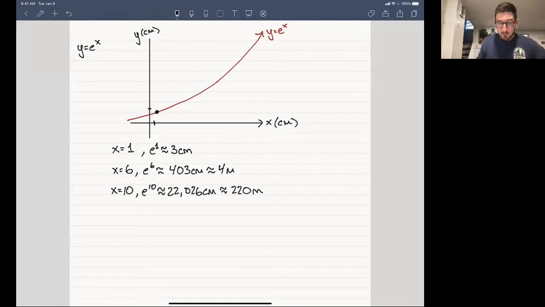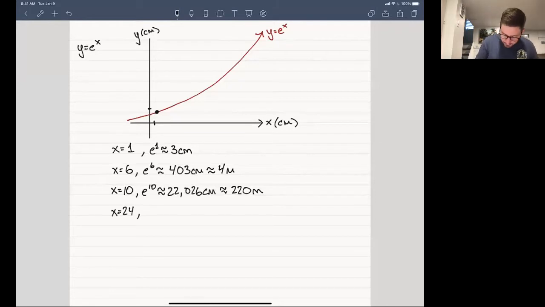Now, finally, 2 more. I'm not even going to put the numbers in, but if I take x equal to 24, now I'm more than halfway to the moon. All I had to do is 24 centimeters, less than a quarter of a meter along the x-axis, and I'm halfway to the moon.